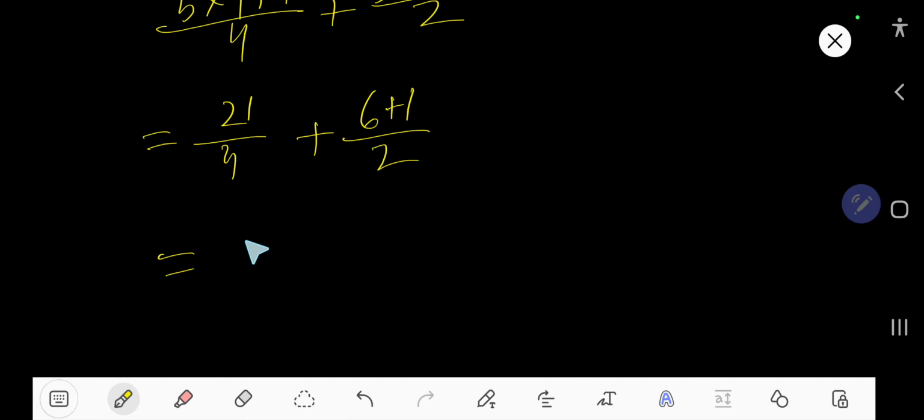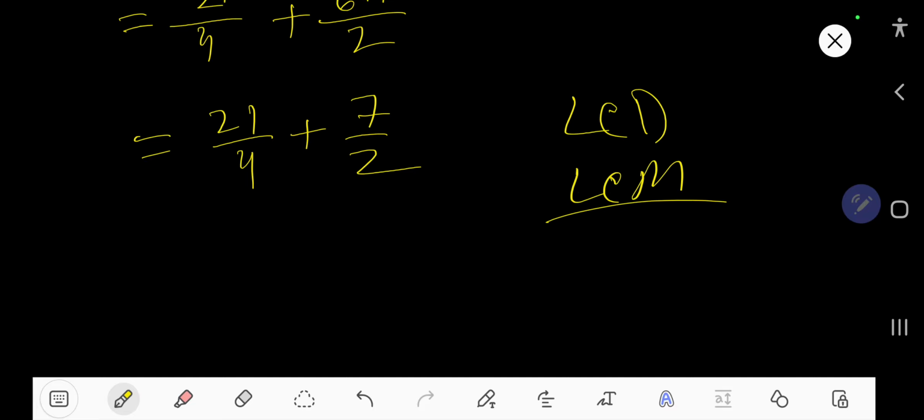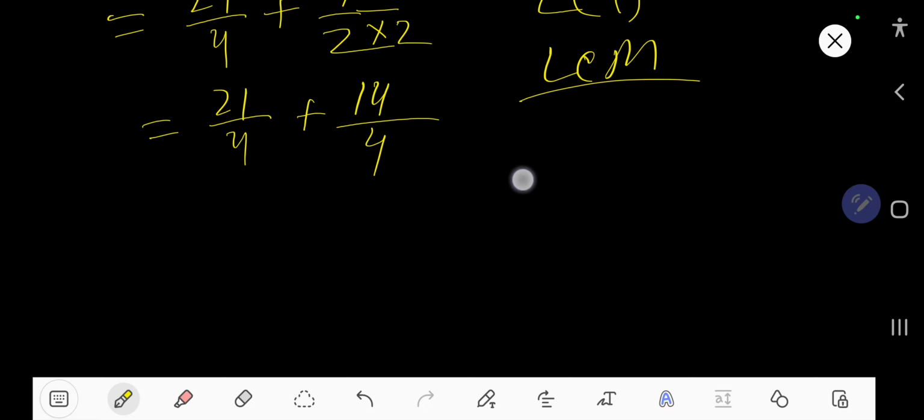So we are getting here 21 over 4 plus 7 over 2. Now the least common divisor or LCM of these 4 and 2 is 4, right? So we need to make it 4. So 21 over 4 plus 14 over 4.